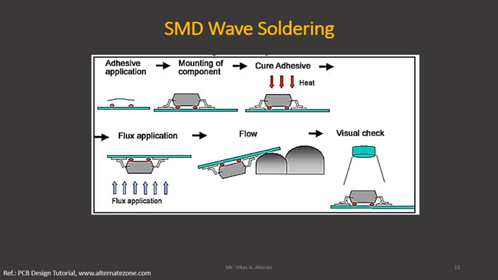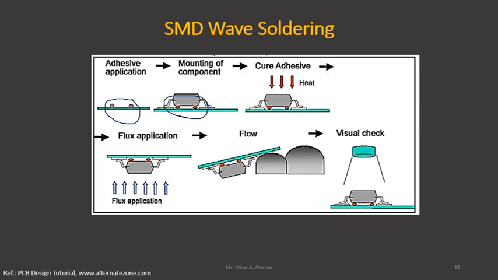So first adhesive is applied, then the component is placed. The adhesive will hold the component for a short time. Then in the preheating zone, the adhesive will be cured so that for a longer time it can hold the component at the right place.